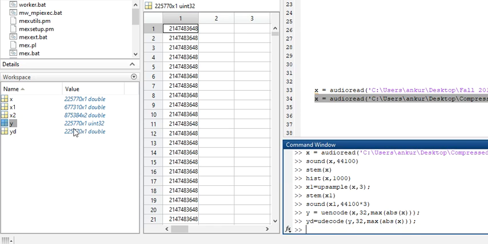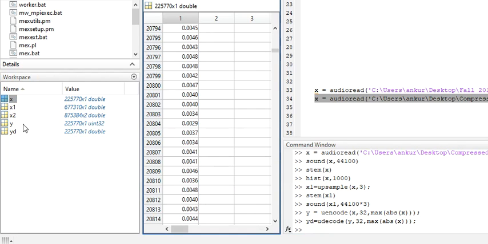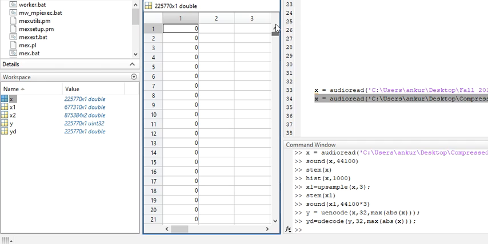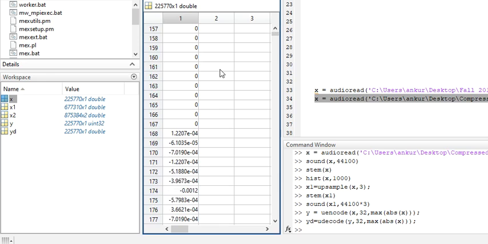So yd was this, and yd and x are the same. Let's have a look at it. This is x, and the star values, let's go up. Again zeros, and then at around 168 we get to see some values. So let's see if it's the same.